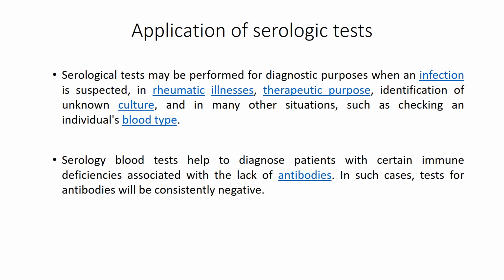There are other situations where the blood type is determined by antibody testing, and immune deficiencies are also diagnosed when there is a lack of antibodies. If, irrespective of the infection or the type of antibody put in for testing, the result consistently comes out as negative, then that person is diagnosed as immune deficient.